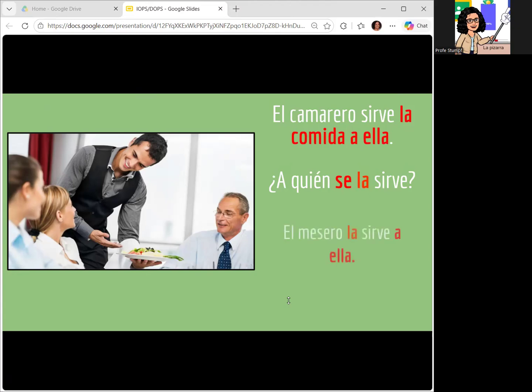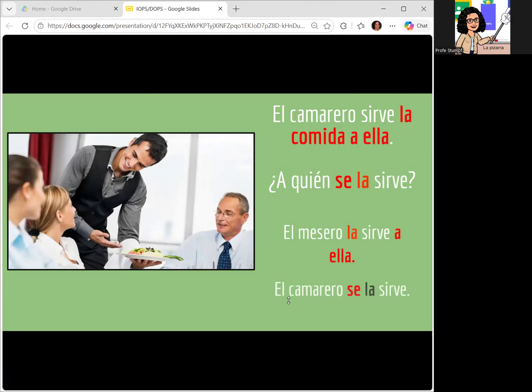So here we go. El mesero or camarero la sirve a ella. Here we replace la comida just because we're getting a little bit more advanced, because we practice it so much and I just keep it with the sentences, but you can take it out if you choose. It depends on how your class is doing and how they're understanding. So we need to replace a ella.